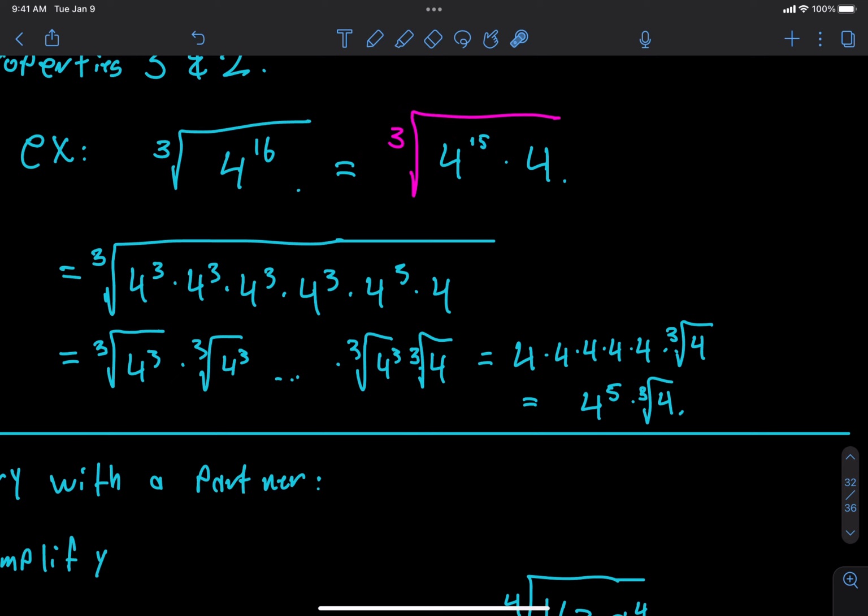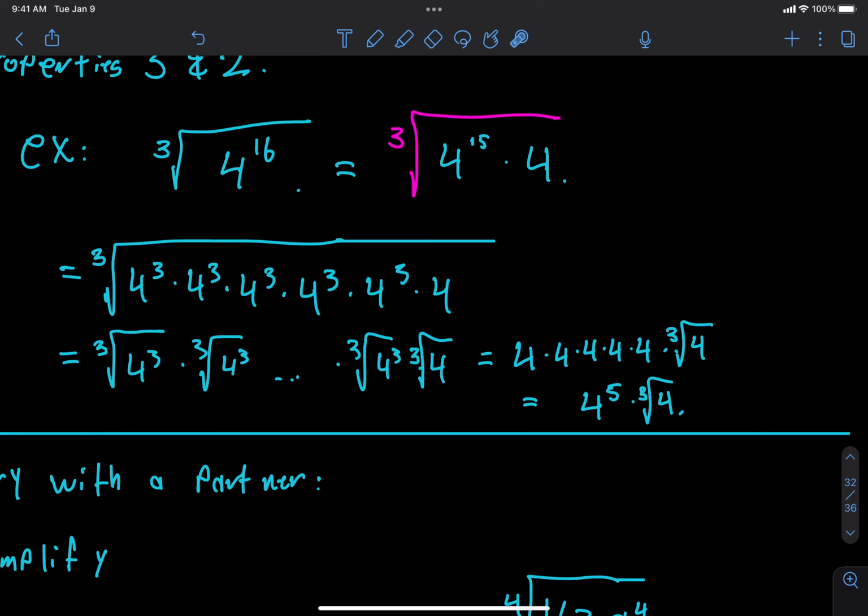I'm going to take 4 to the 5th out because I divide 15 by whatever the root is, which in this case is 3. This 4 has to stay inside because there's no nice way for me to express the cube root of 4 without using decimals. So this is the game that we're going to play whenever we're simplifying radicals.